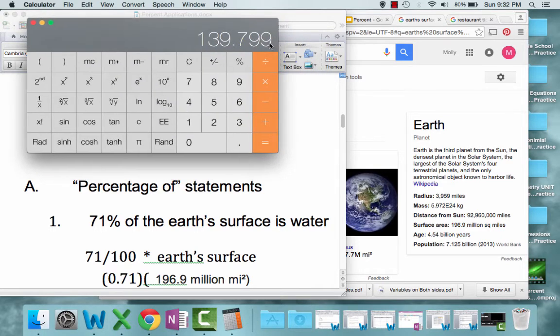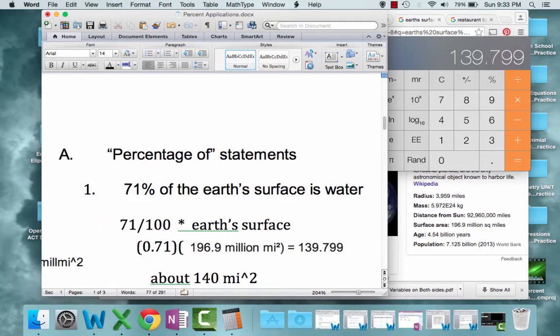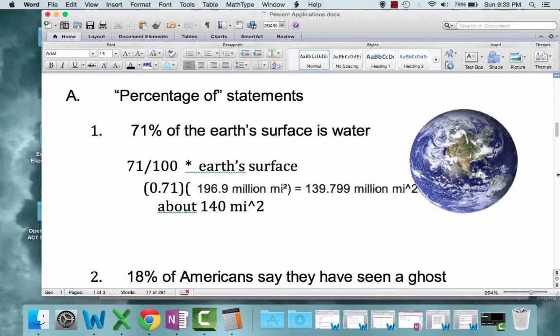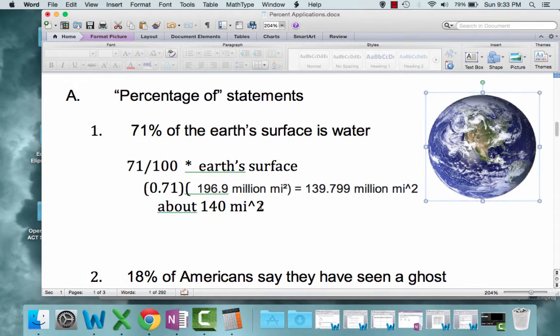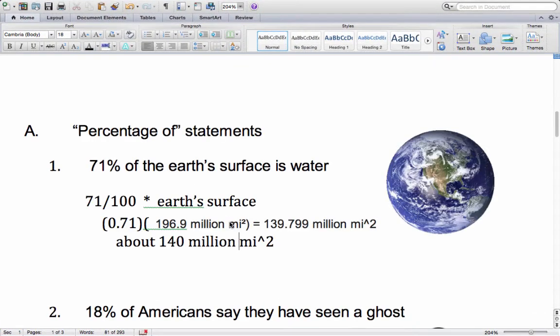And that is going to give me 139.799 million miles squared. So it's approximately 140 million miles squared is how much of the Earth's surface is covered in water.